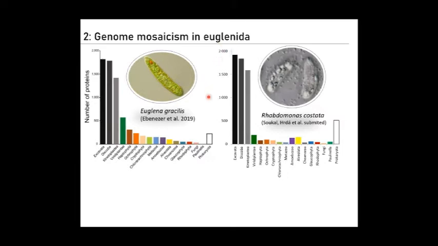It's been known for Euglena gracilis that some pathways are in mosaic, and let me show you some data in which we try to understand the mosaicism in more detail by subjecting all predicted proteins of Euglena gracilis, the phototroph, and heterotrophic Rhabdomonas costata to phylogenetic analysis to understand the affiliation of these genes.